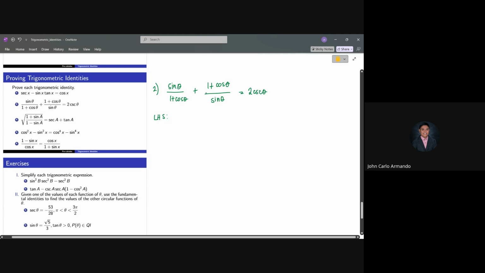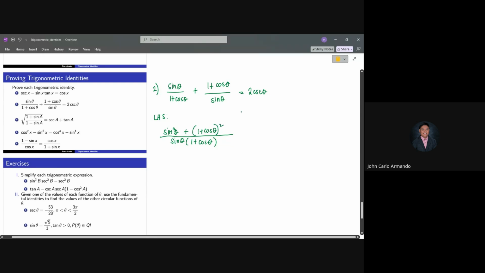So since we have different denominators, we can just combine by getting the LCD. And we know that the LCD is simply the product of the two denominators, that is sine theta times 1 plus cosine theta. And we just cross multiply. So sine times sine, that is sine squared theta. Then 1 plus cosine times 1 plus cosine, that is 1 plus cosine theta squared.